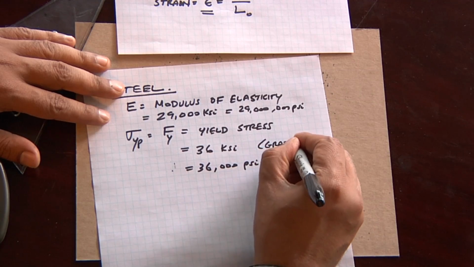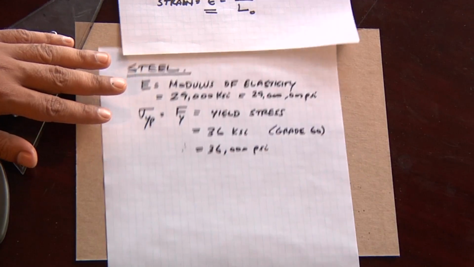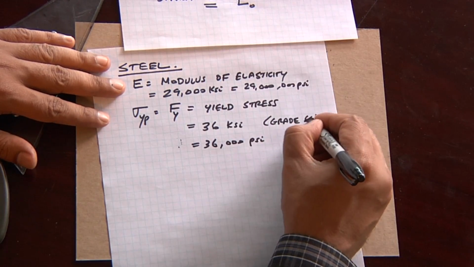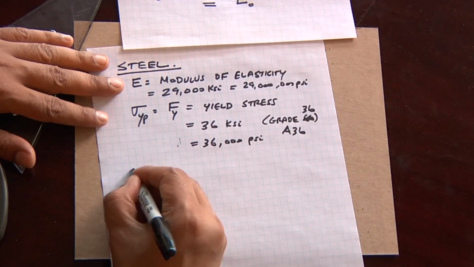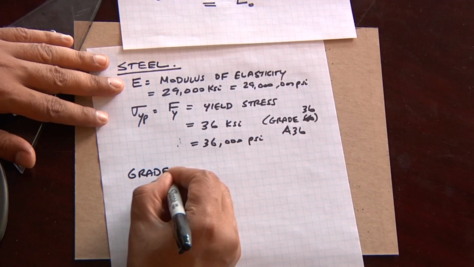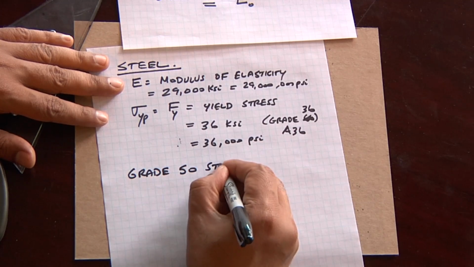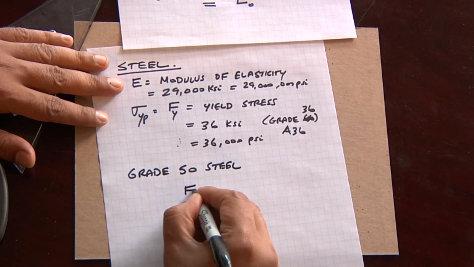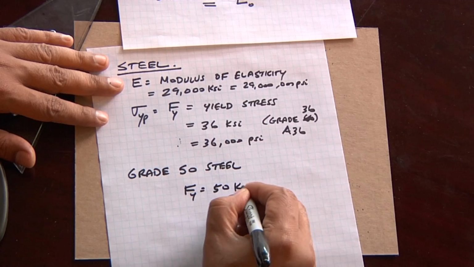That's for a grade 36 steel, also known as A36. We also have grade 50 steel, in which the yield strength is 50 KSI.